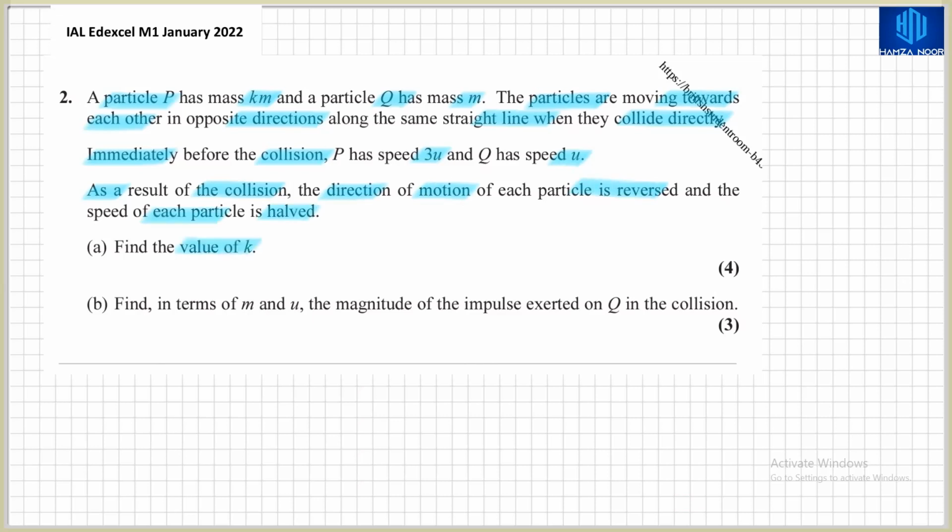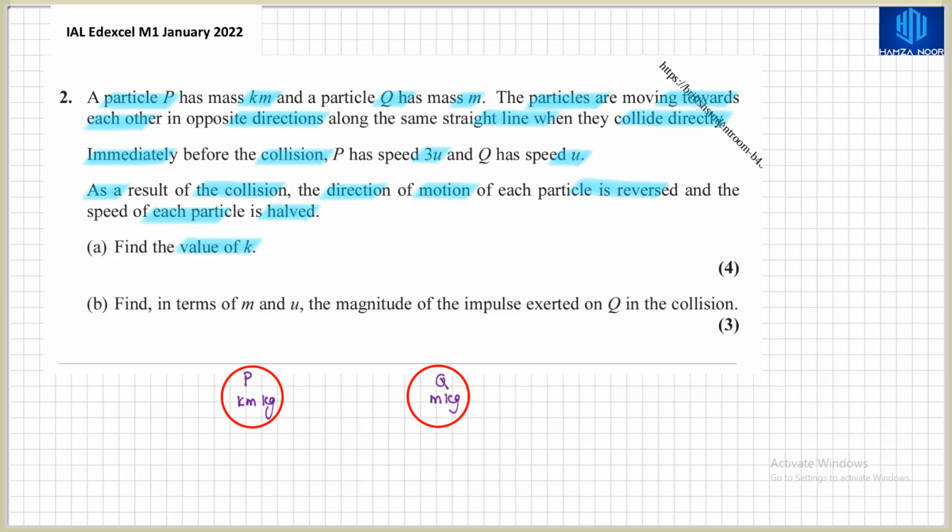So here we have two particles, P and Q. I've drawn two circles over here, meaning two particles. P has a mass of km kg, and Q has a mass of m kg. Particles P and Q are moving towards each other in opposite directions, obviously.